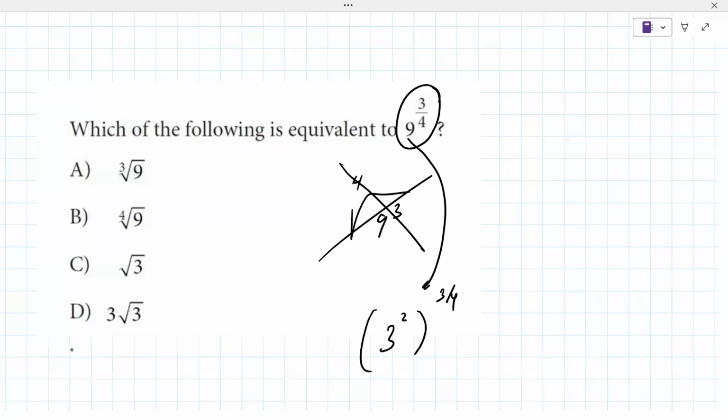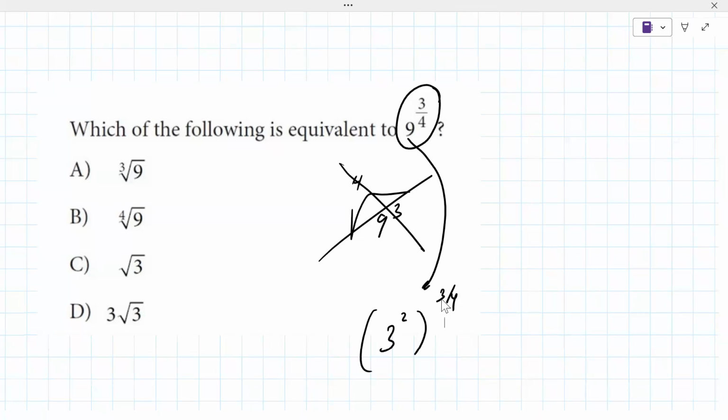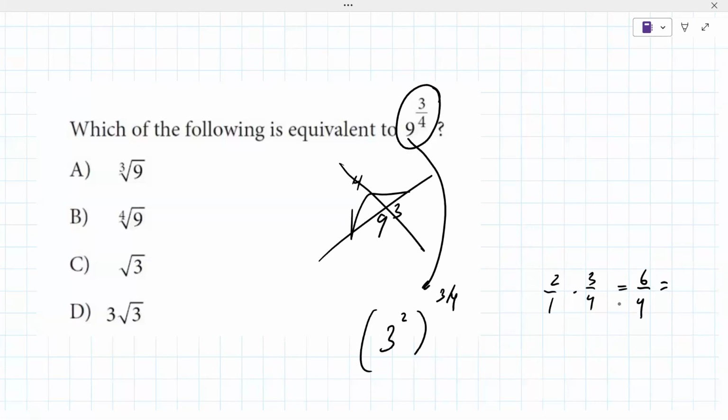Now what can you do when you've got an exponent to an exponent? Multiply them. Okay, so it's 2/1 times 3/4. So 6/4, which is 3/2.